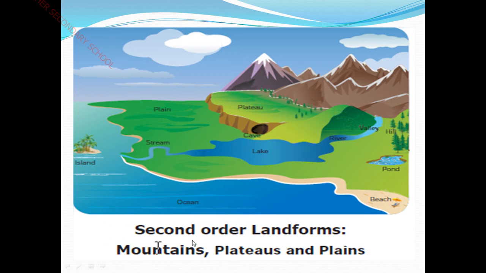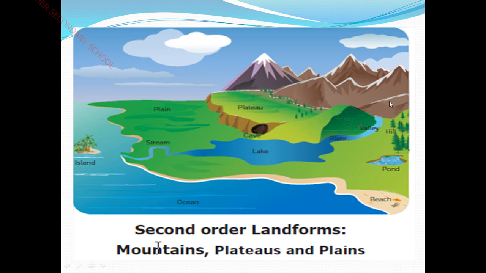It depicts the plain, plateau, stream, cave, lake, river, valley, hill, pond, beach, ocean and islands. Okay, a tiny land area surrounded by a mass of water is called an island. Okay, children? Yes, this is an ocean.